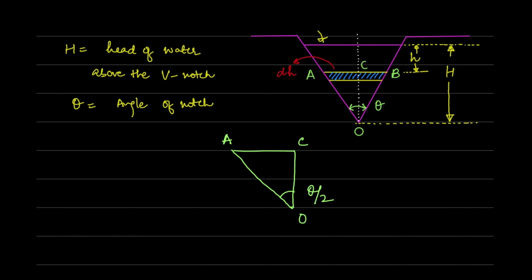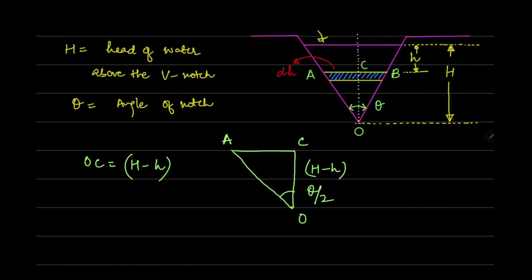The overall length of the notch is capital H, and the height above the point C up to the top surface of the water is small h. So OC is capital H minus small h.